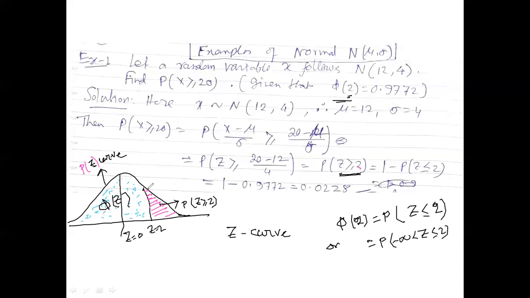So it is the left side of the z equals 2 line.